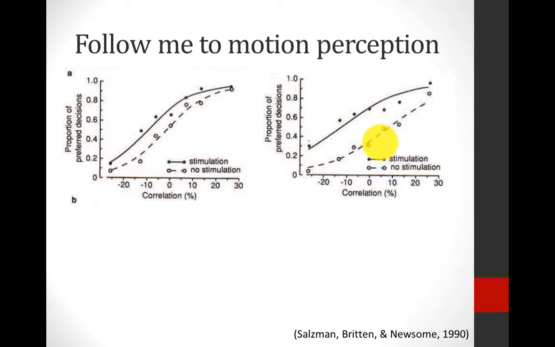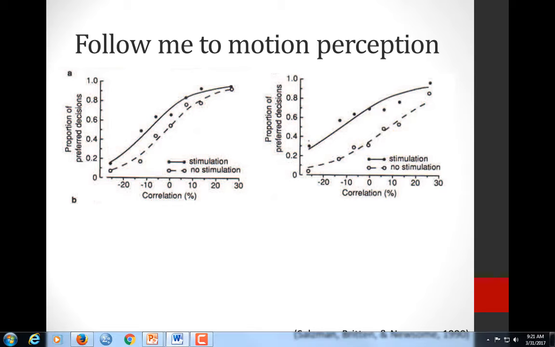So if you have a set of neurons, for instance, that are direction selective for right, and you see them doing just fine when the stimulus is going in the direction that is right and matching those neurons, but if I artificially activate the direction selective neurons that are for left while I'm seeing a stimulus that's going right, we can actually shift their behavior to select left even though the stimulus is right. So again, implicating these MT neurons in performance on this task.